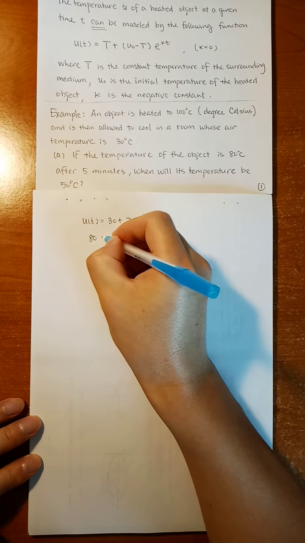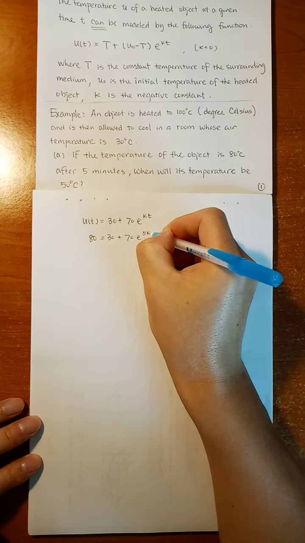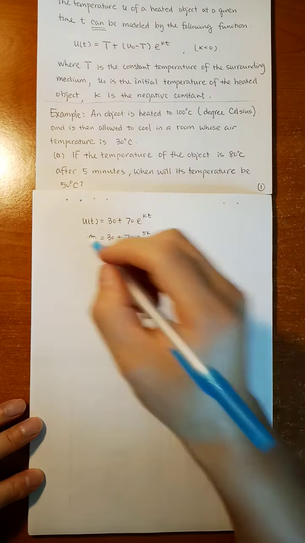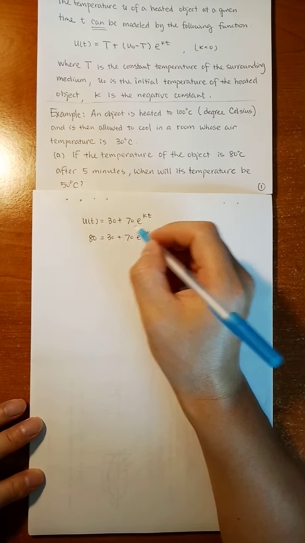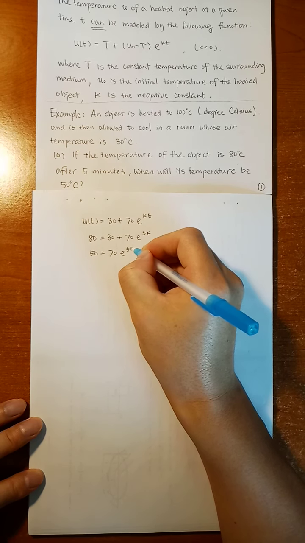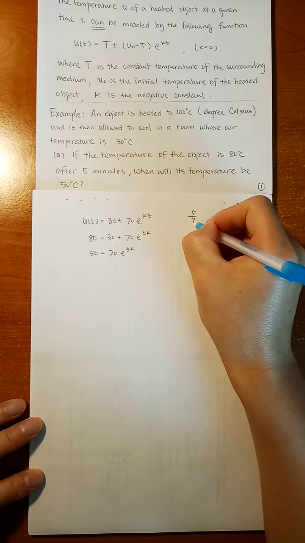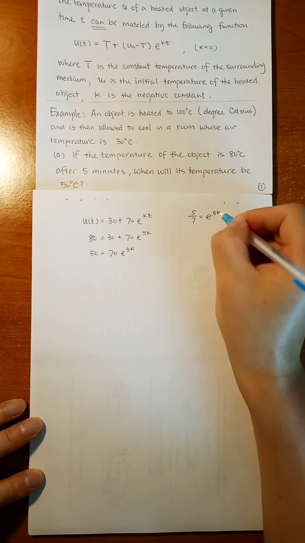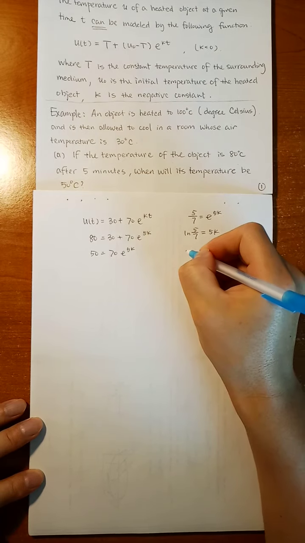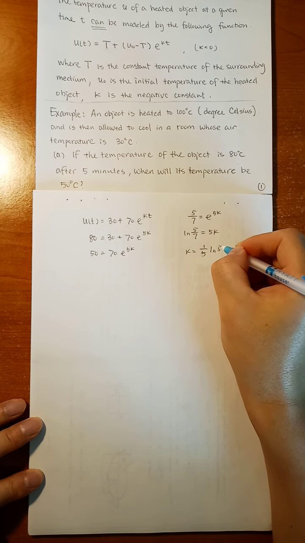So 80 is equal to 30 plus 70 e to the 5k. Subtract 30, you get 50 equals 70 e to the 5k. So 5 over 7 is e to the 5k. So natural log of 5 over 7 is 5k. So k is 1 over 5 times natural log of 5 over 7.